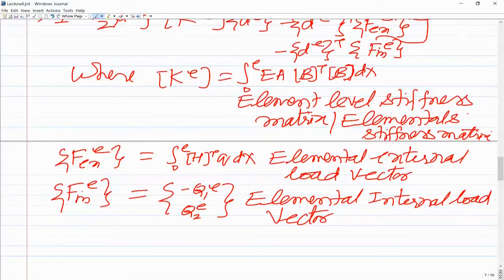When we derived this integral form, coming from the weak form, we had delta I equal to 0. Essentially we want to find u1 and u2 in such a way that we satisfy the differential equation.